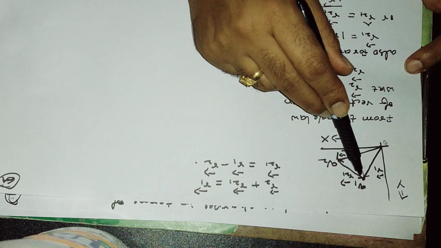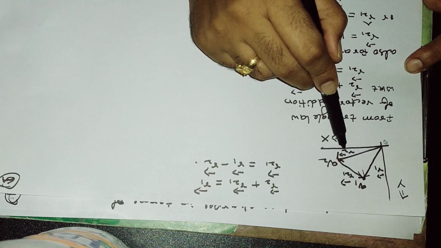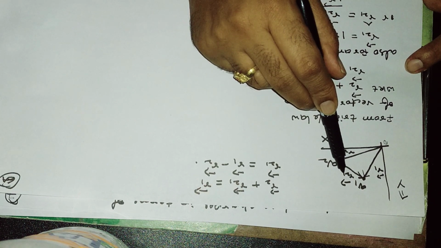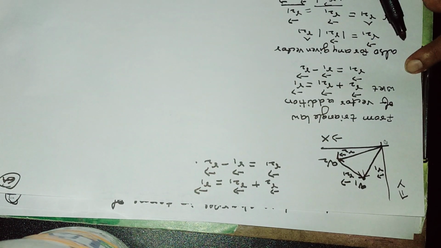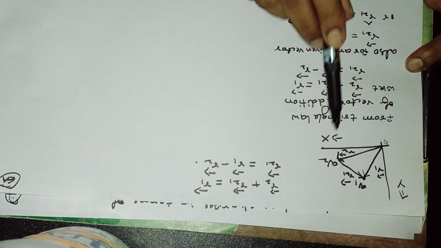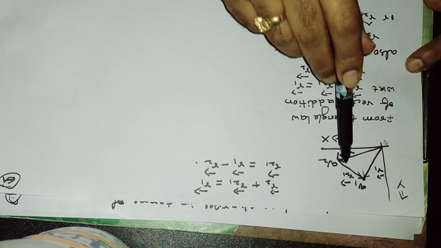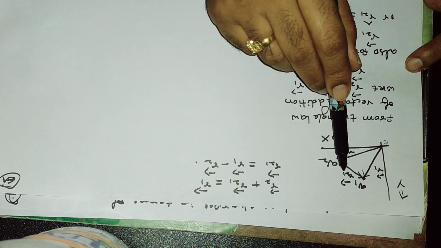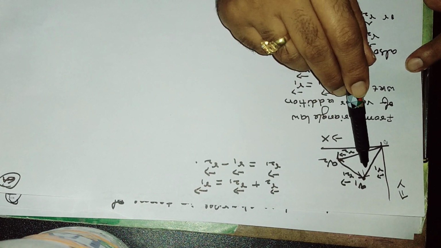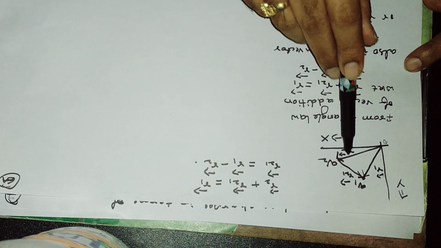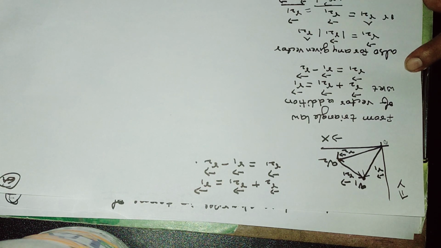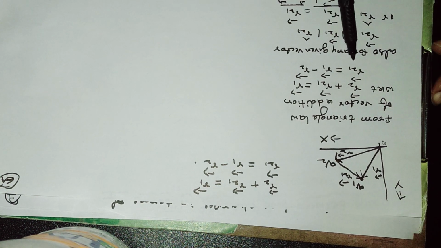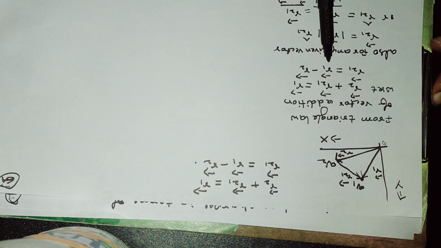So according to the triangle law of vector addition, vector r2 plus vector r21, the sum of the two vectors acting in the same order, is given by the third side of the triangle, which is acting in the reverse order. So r2 plus r21 is equal to vector r1. Or I may also write that vector r21 is equal to vector r1 minus vector r2.